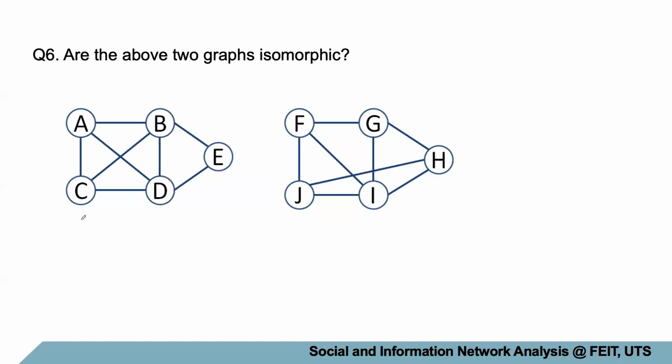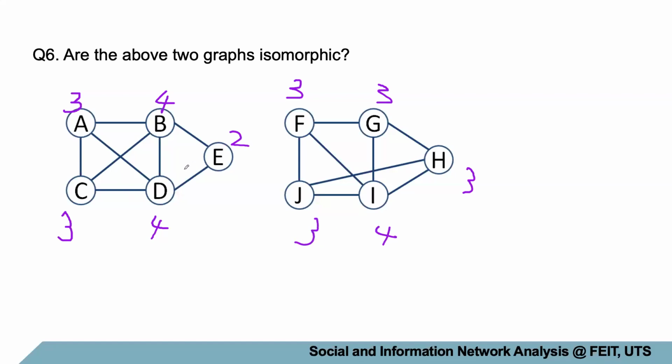So on the left, A has degree 3, B has 1, 2, 3, 4, E has 2, D has 4, C has 3. But on the right graph, F has 3, G 3, H 3, I is 4, J is 3.